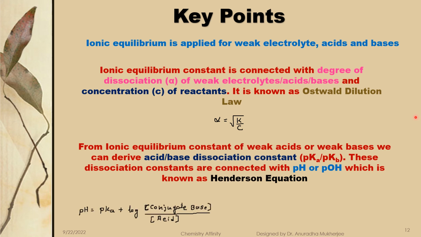From the ionic equilibrium constant of weak acid and base, we can derive a new equation which is called the Henderson equation. In the Henderson equation, pH or pOH is connected with the acid dissociation constant and base dissociation constant respectively.